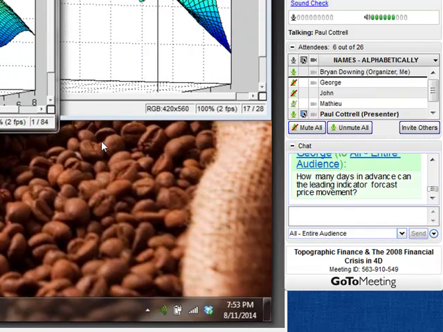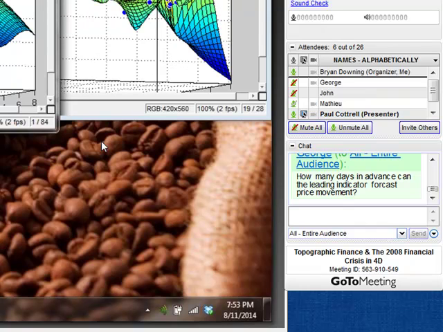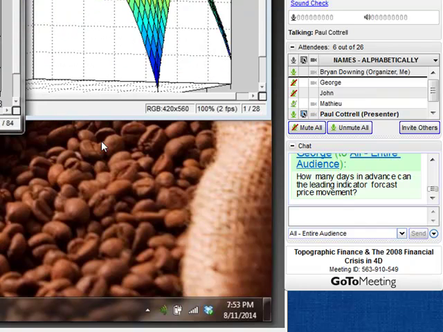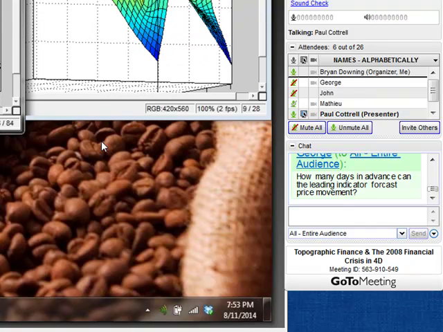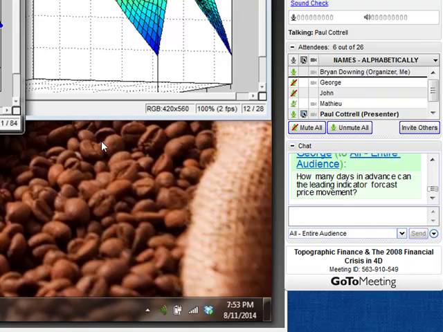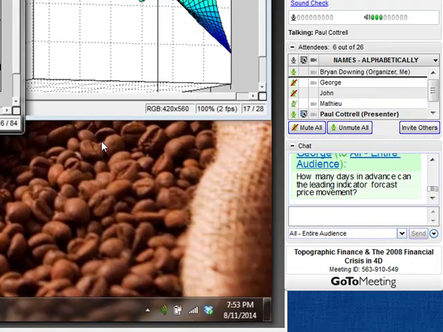So the 90 days here, you can see that the surface is smoother because it has more points, but it also acts more chaotic.